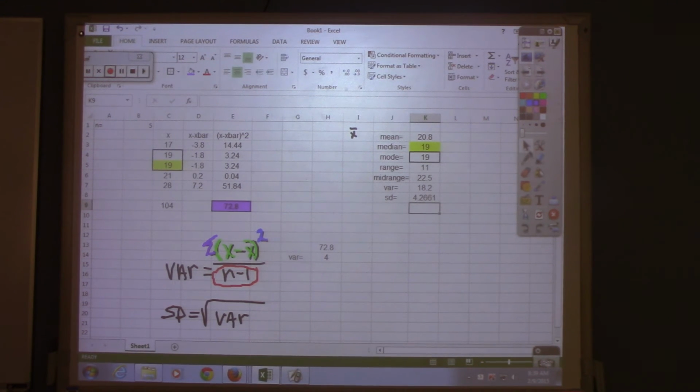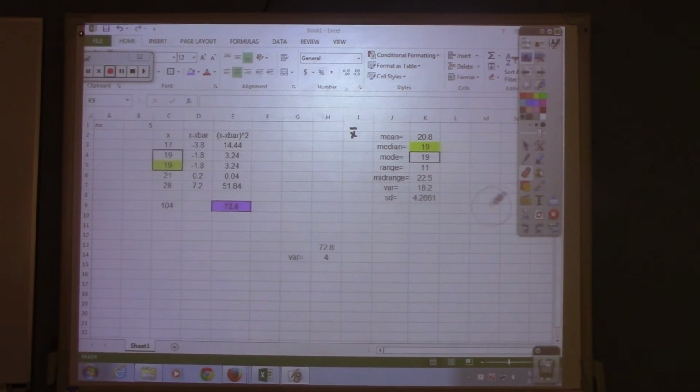And of course, once you have the mean and the standard deviation, what can you do? Draw your what? Bell curve. Draw your curve. And that's what I'm going to ask you to do every time. That way when you get to chapter 6, you won't have the deer in the headlights look.